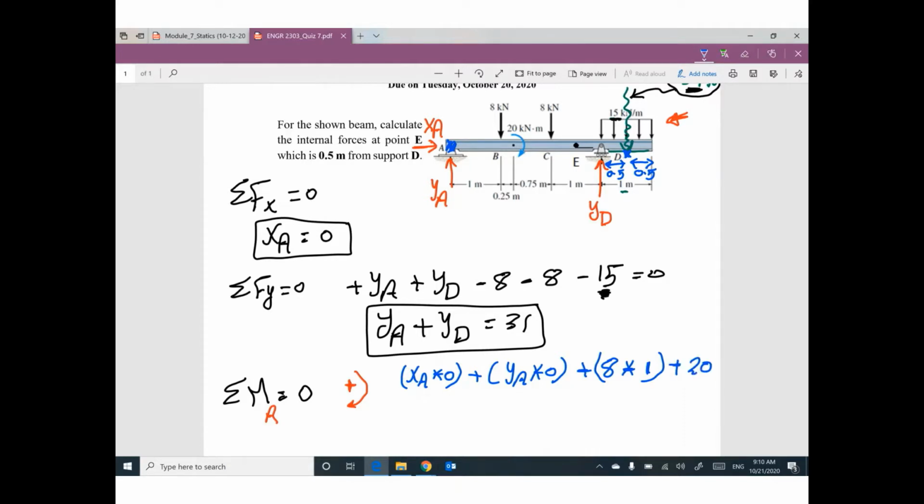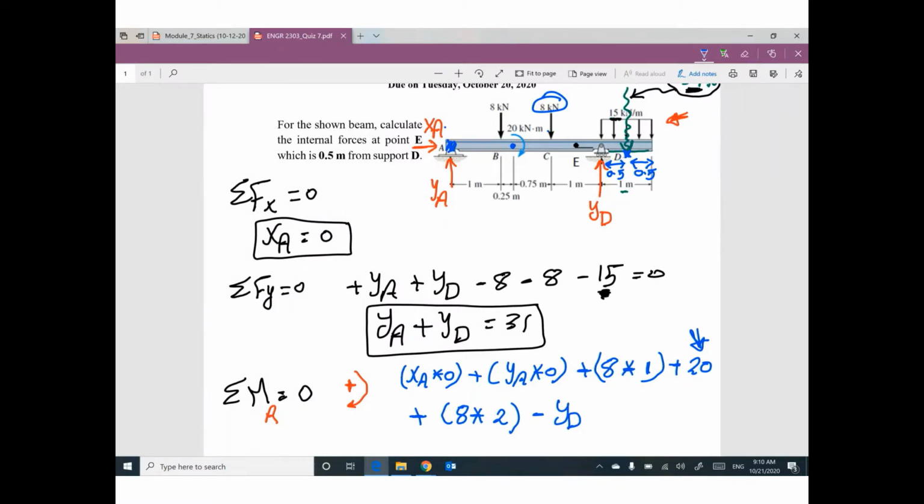We have a concentrated moment at this location. A moment does not need distance, so I will not multiply 20 by anything. Keep going. Plus 8 times distance 2. Keep going. Minus YD.